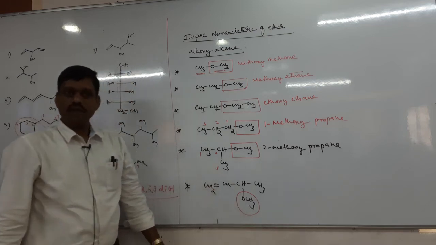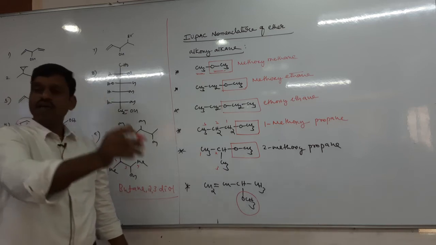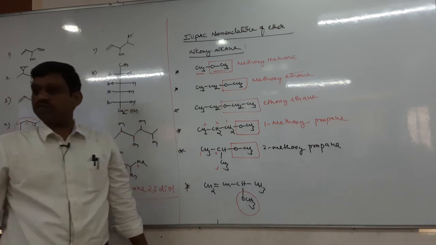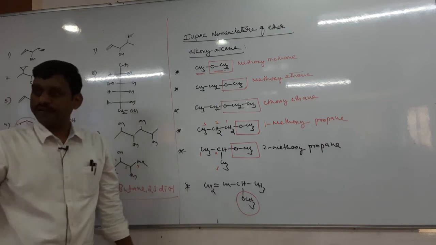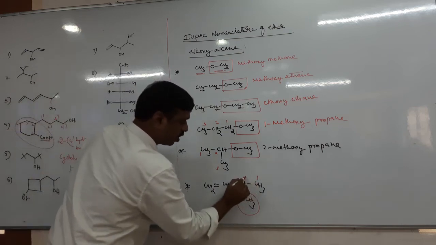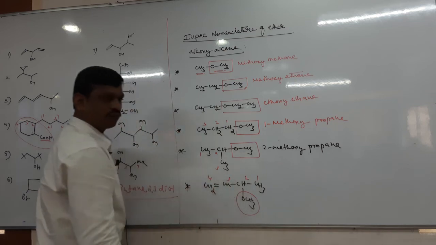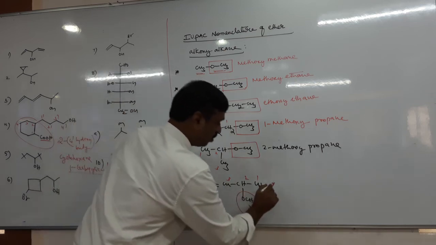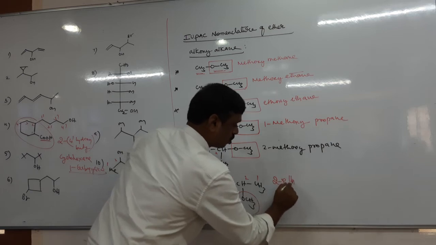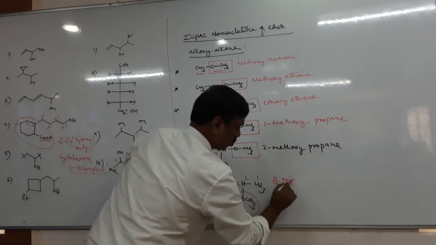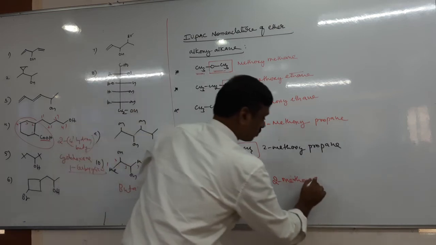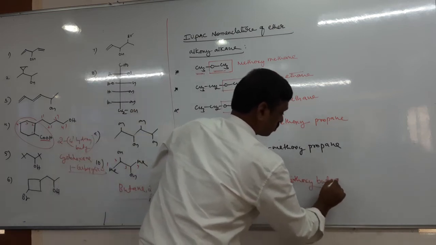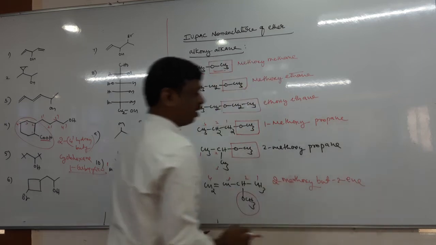Ether. In the priority group you see it, alcohol, and after alcohol ether comes. So therefore the ether group should get more priority. Therefore this is 1, 2, 3, 4. Tell me now which one? 2-methoxy, but 3-ene.